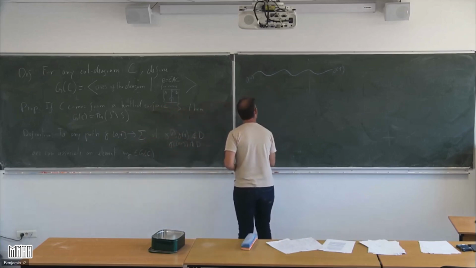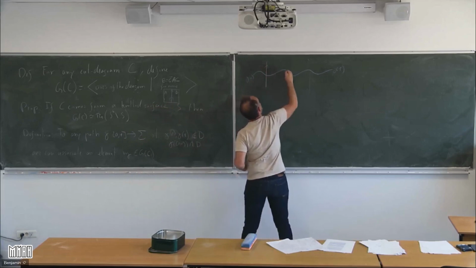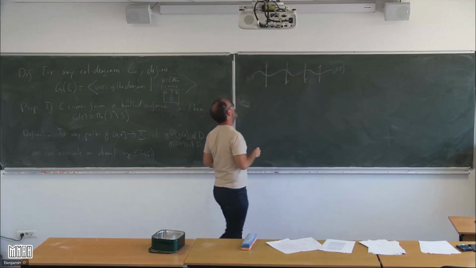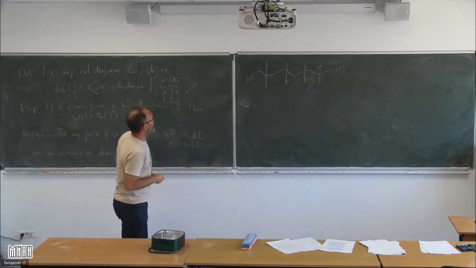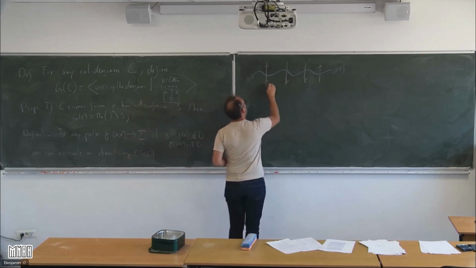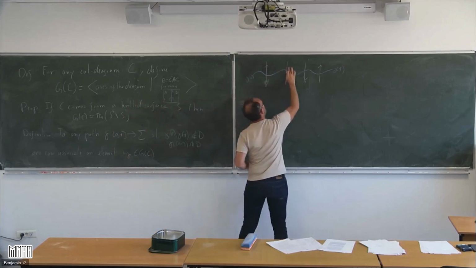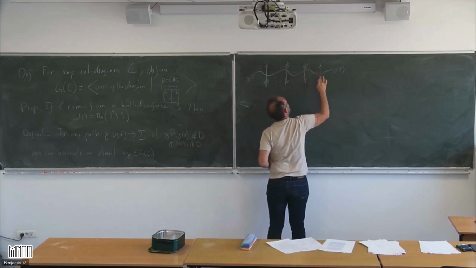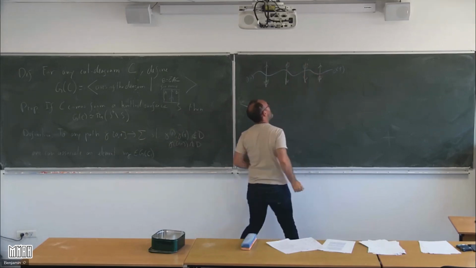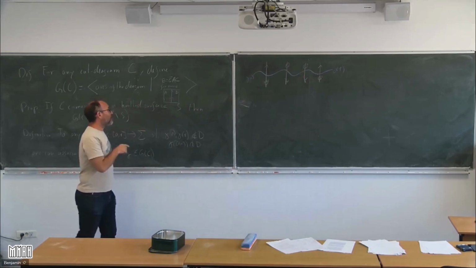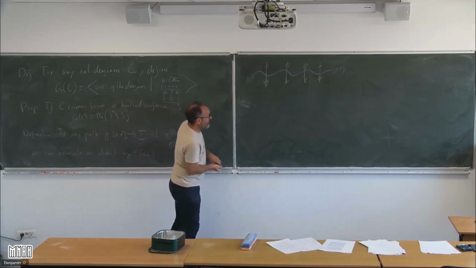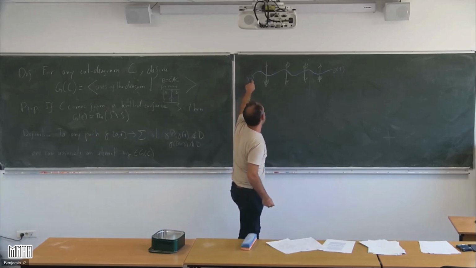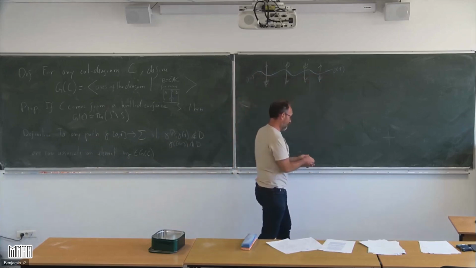So maybe here like this, then like this. Every time the arcs will have some label, say A, B, C, D. And you will just read the labels when you are running the path from the starting point to the end point.